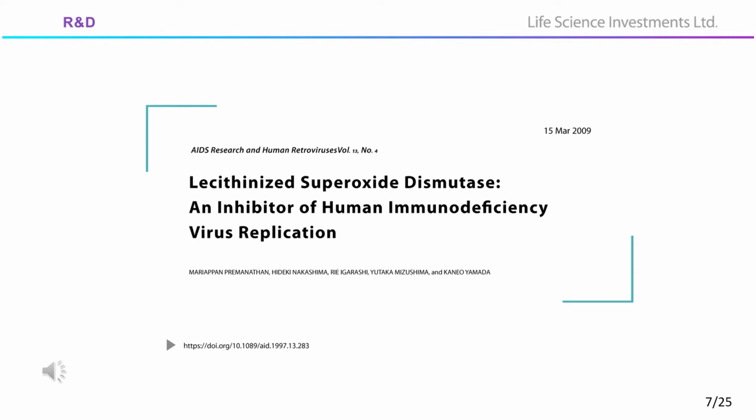This paper is interesting because it was published in 1997, and this was the golden age of research against HIV. And this paper is demonstrating that superoxide dismutase was able to inhibit the replication of this virus of human immunodeficiency.